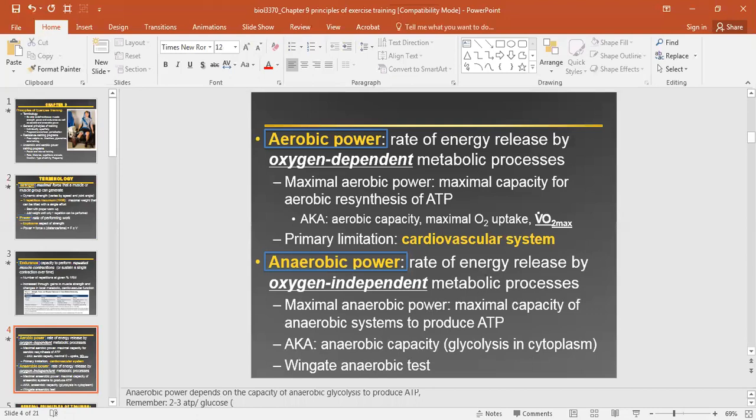So remember, you get 2 ATP from blood glucose, because it has to be converted to glucose 6-phosphate first, and 3 ATP from a glucose molecule that comes from glycogen. Because you don't have to convert it to glucose 6-phosphate, it comes off of glycogen as a glucose 6-phosphate molecule. So you don't have to expend that extra ATP that you would by using blood glucose. So depending on that capacity, and that capacity improves with exercise training.